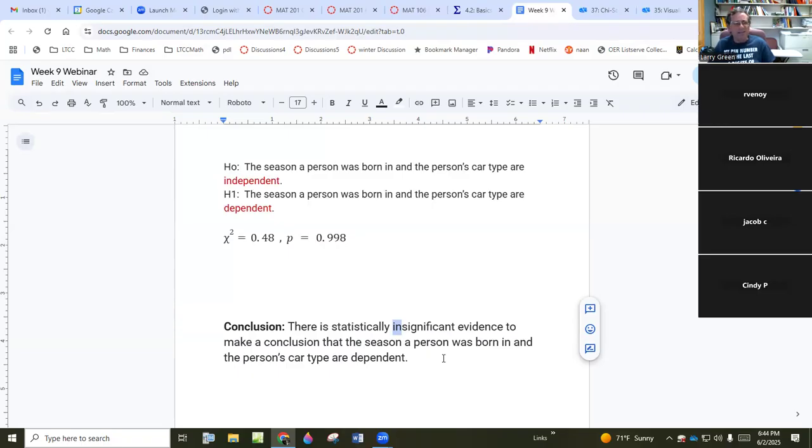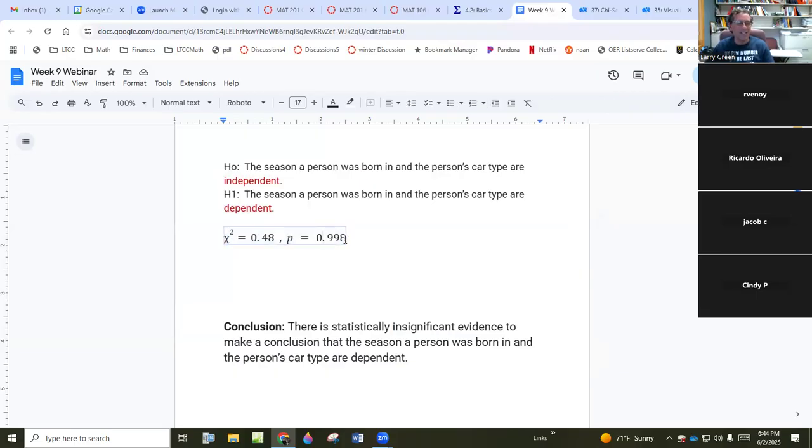By the way, do you think the issue might be that our sample size wasn't large enough? Do you think a bigger sample size would be a good idea here? What do you think? Okay, so the answer is no. This is a gigantic p-value.